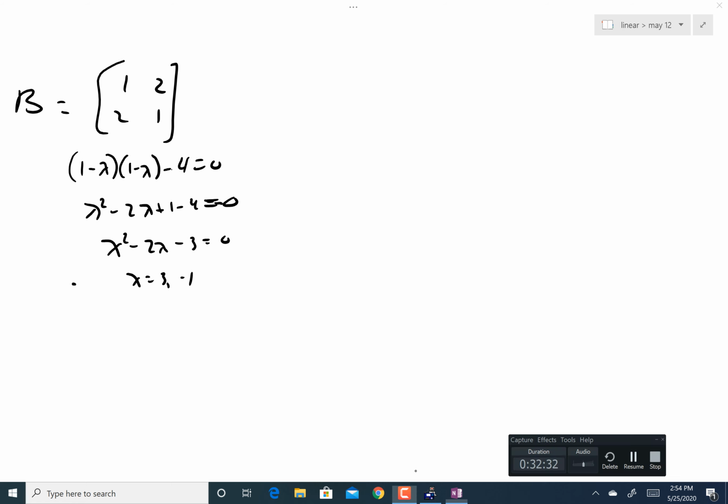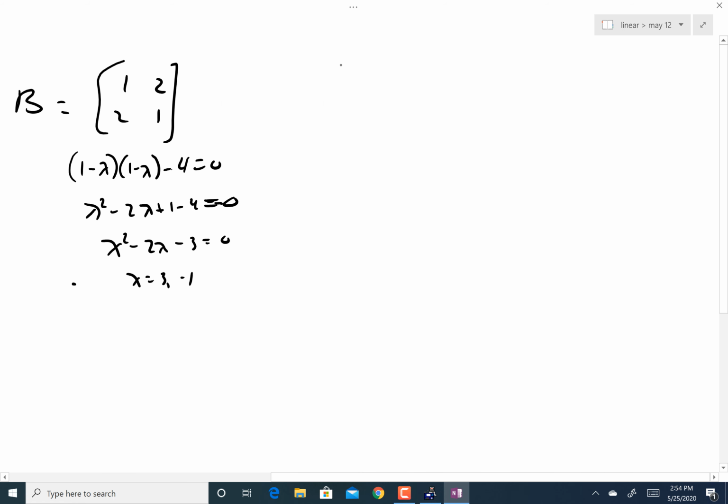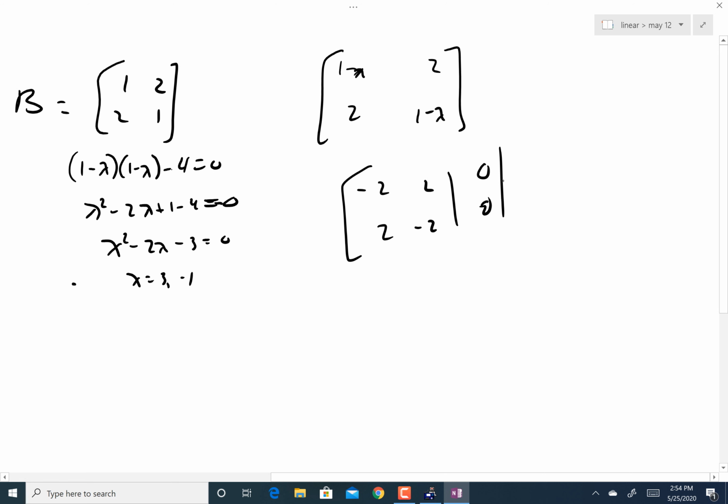Let me pause you. And we're back. So if you did 1 minus lambda, I'm just going to go ahead and compute the eigenvalues or vectors for this fella. If you plug in 3, you're going to get -2, 2, 2, -2. And so what does that mean?